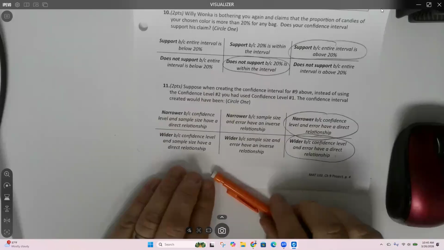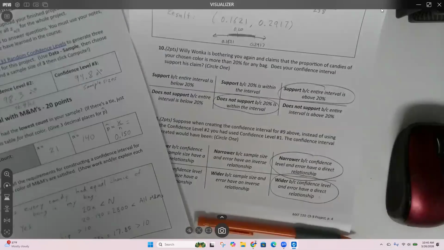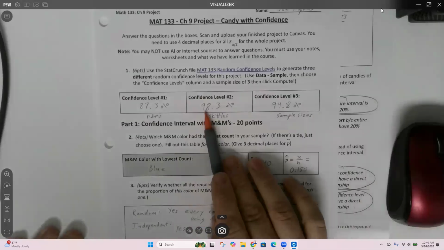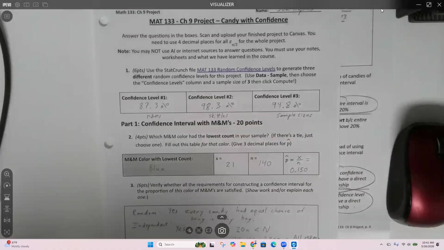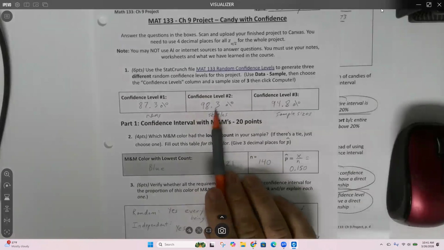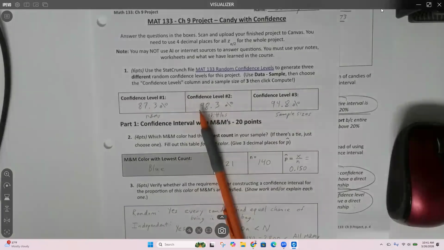Basically, think about it like this. If I'm shooting baskets with my basketball, and I want to make 98% of my shots, well, one thing you can do is make the hoop bigger. If you have a giant hoop, like a swimming pool sized hoop, you're definitely going to make 98% of your shots.